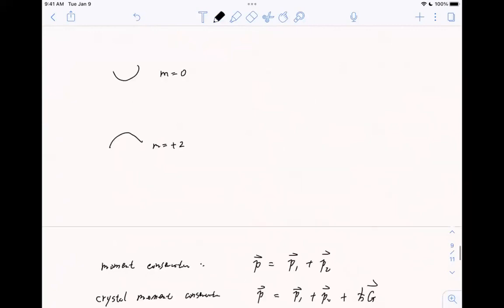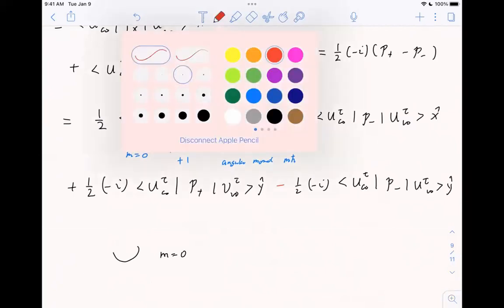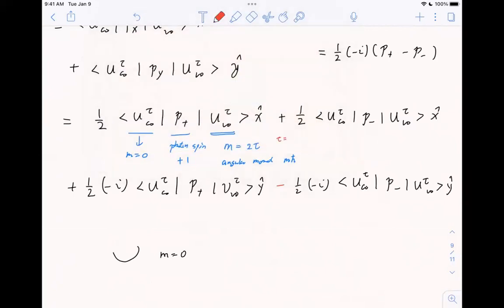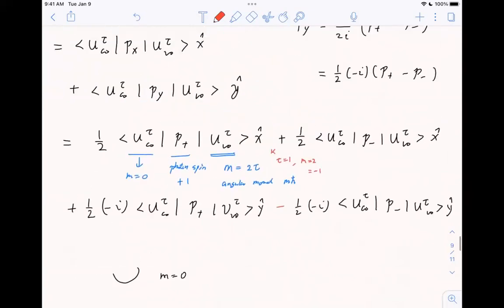Okay, so when you go back to here, let me consider tau is 1, like the k value, then m is 2. What is 2? 2 is just negative 1. So you have a negative 1, you have a plus 1, then you can become m equal 0.